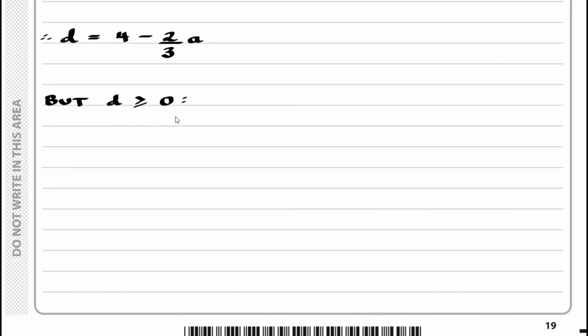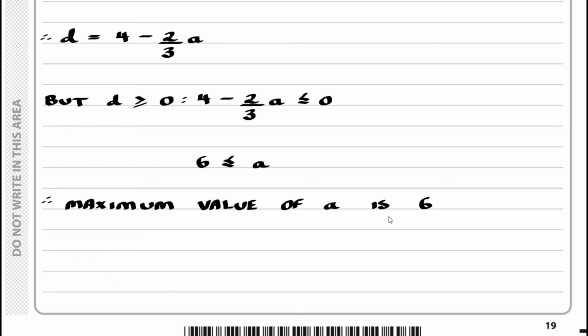So because D is greater than or equal to 0, 4 subtract 2/3 A is greater than or equal to 0, which means 6 is greater than or equal to A, which means the maximum value of A is 6.